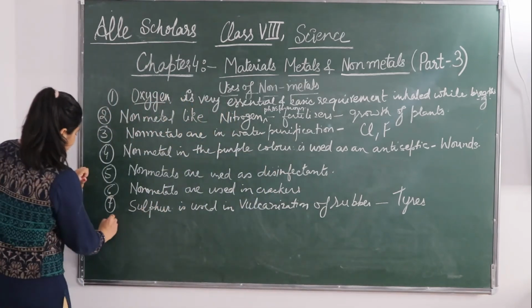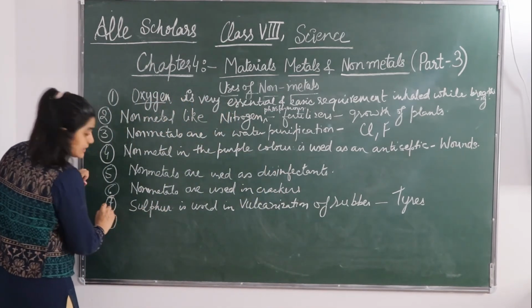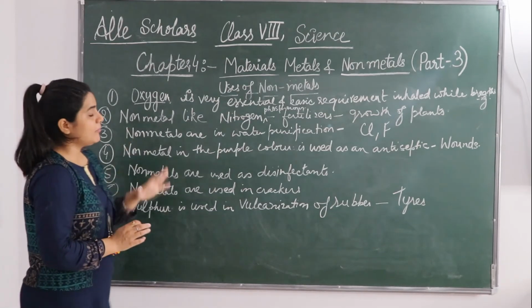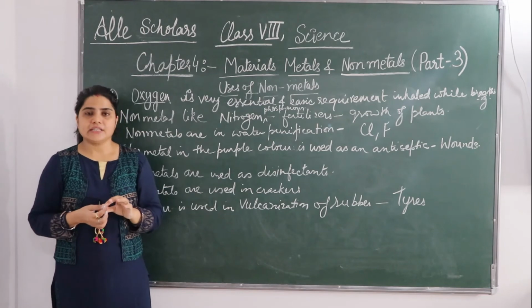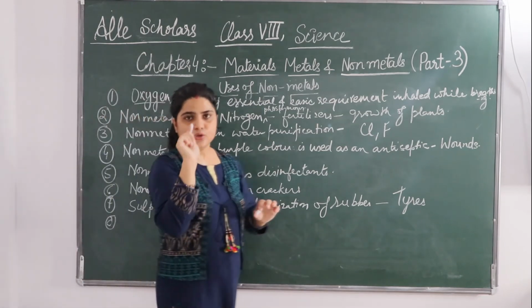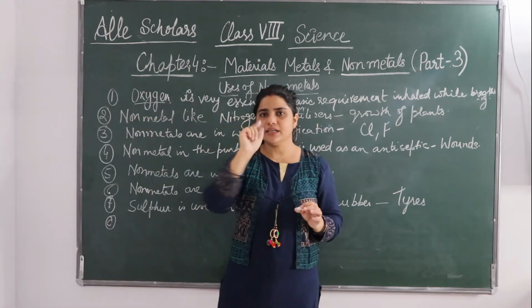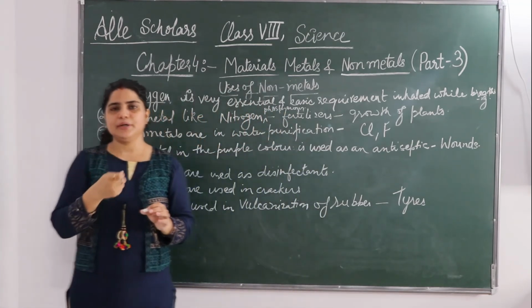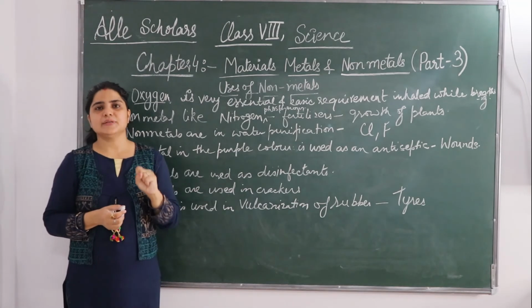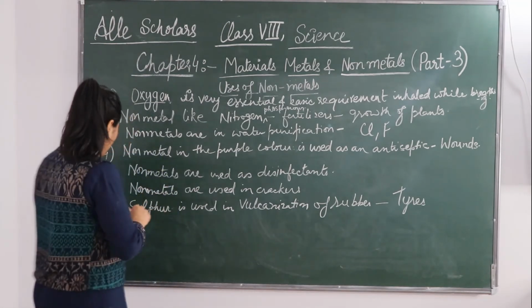Okay. Next, there is a very good non-metal. You must have heard about graphite. If you write with a pencil, you must have seen that in a pencil there is a lead which we sharpen. When it wears away, we sharpen it again. So that lead is made up of graphite.